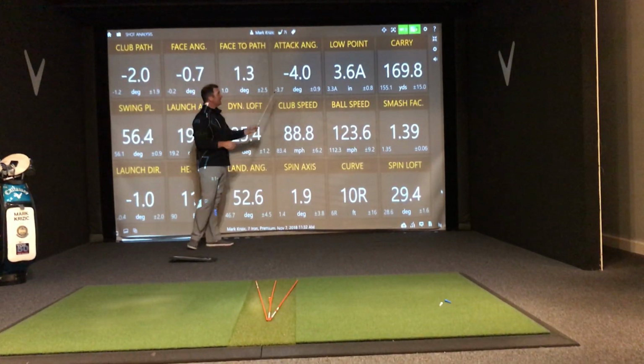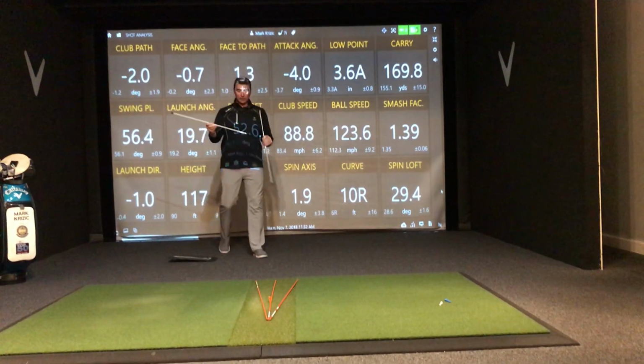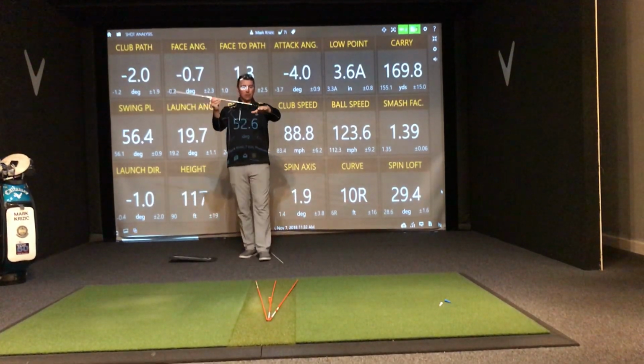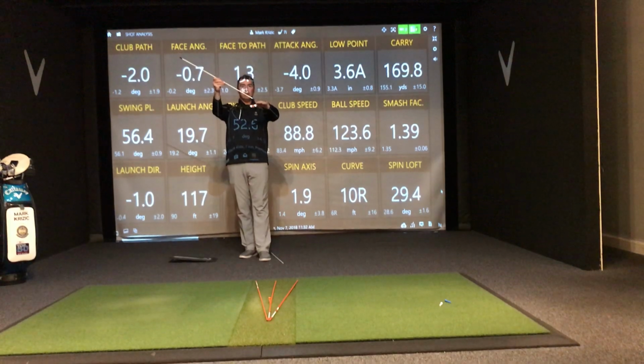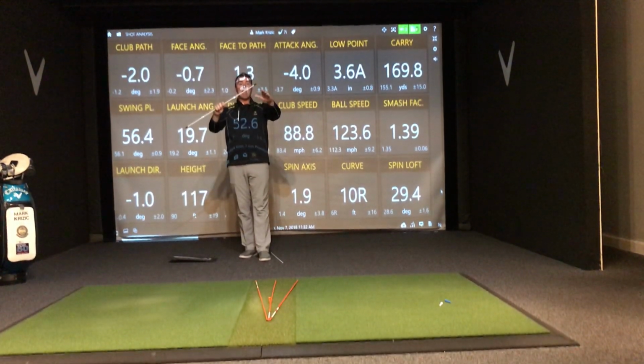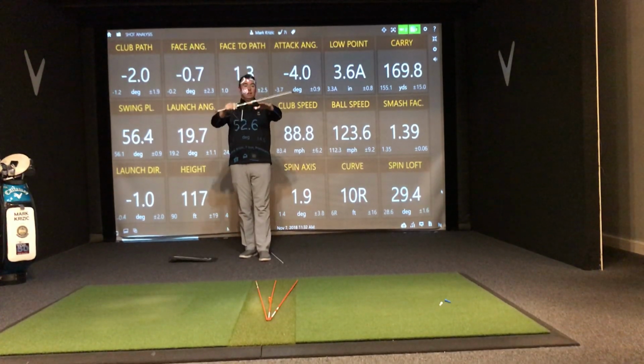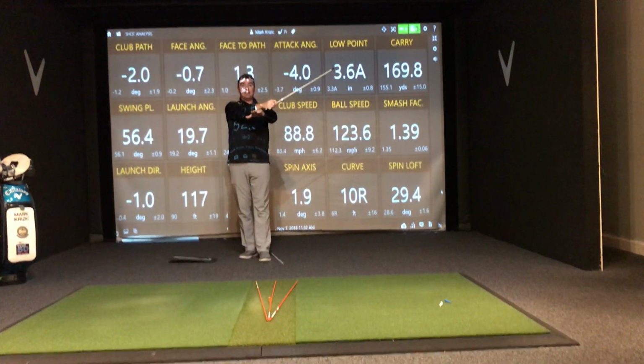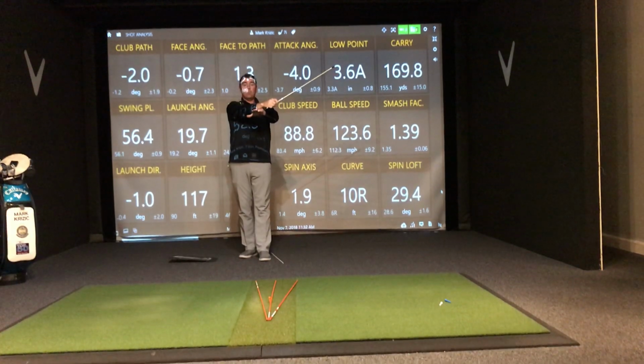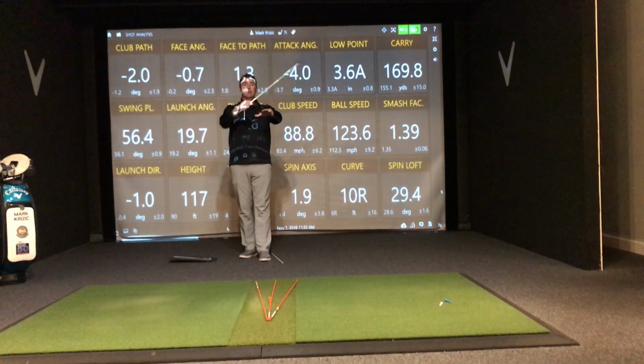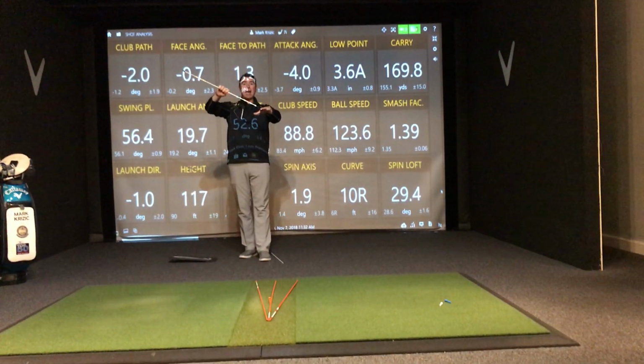Attack angle. What is an attack angle? With irons, if this was the ground, your attack angle would be this. If this was a driver, your attack angle would be this. So positive on a driver, negative on an iron.